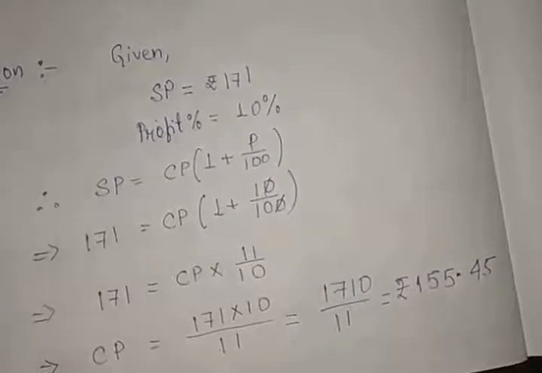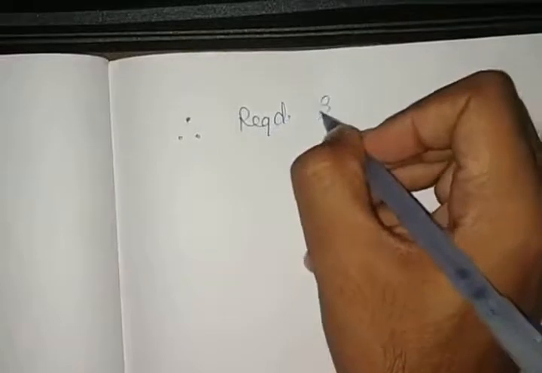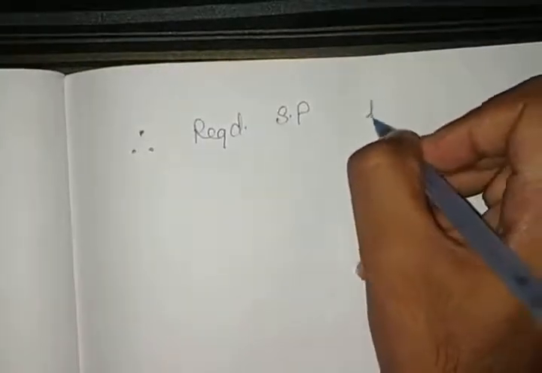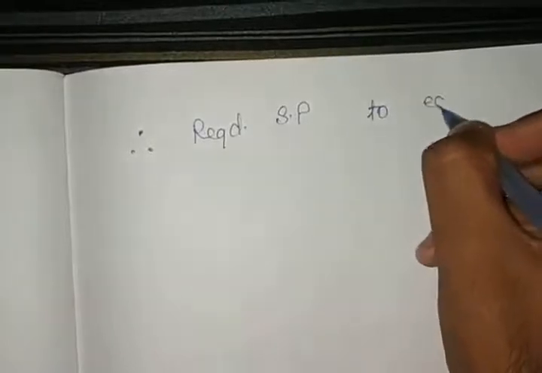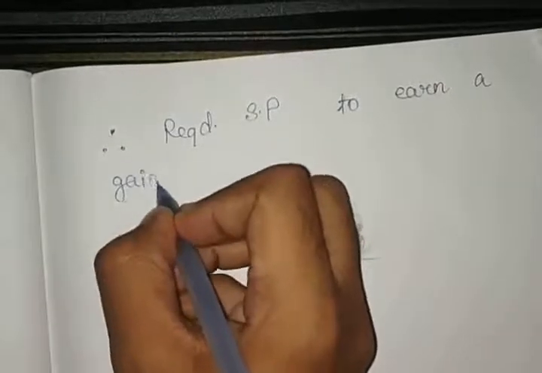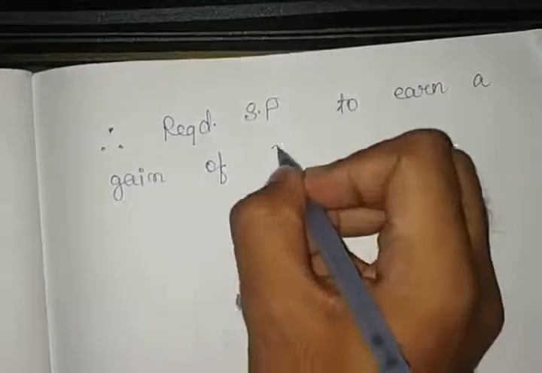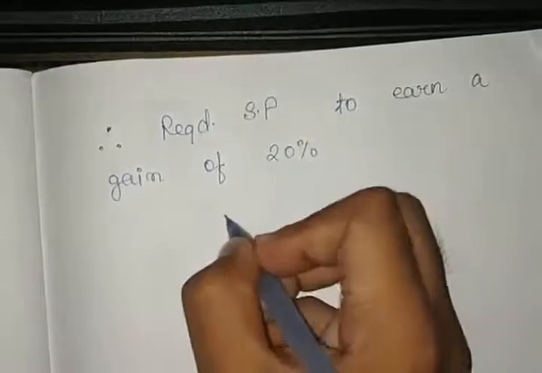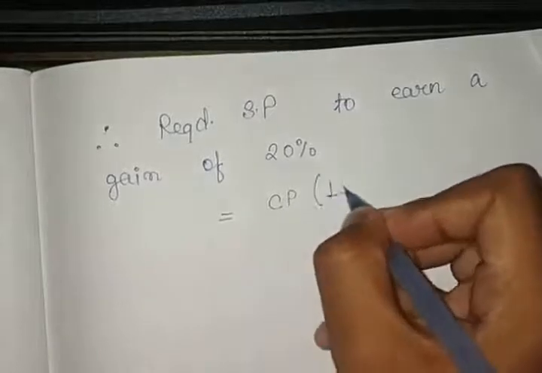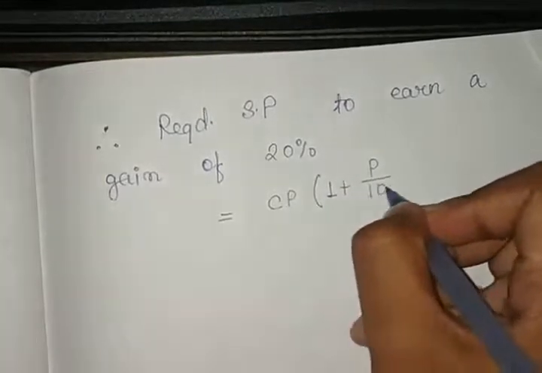Now he wants to earn a profit of 20%, then in that case what should be the selling price? So the required selling price to earn a gain of 20% will be equal to cost price into 1 plus P by 100.